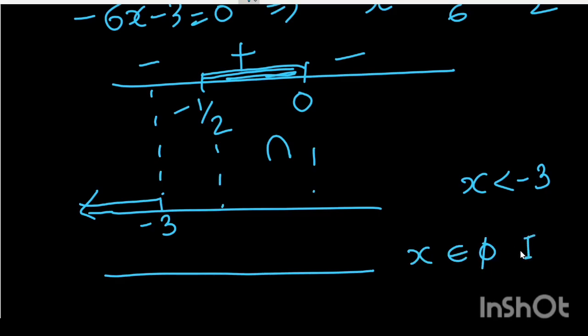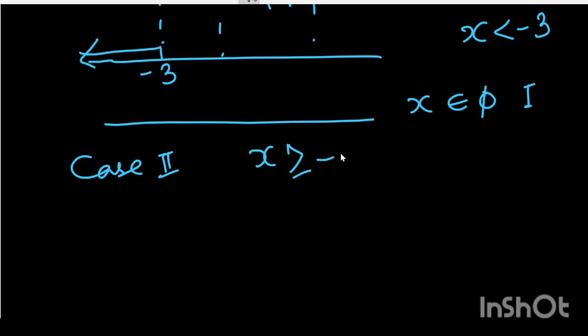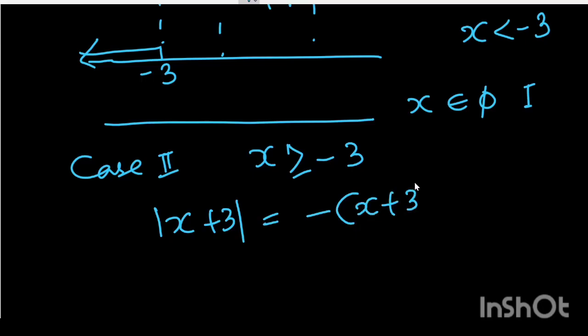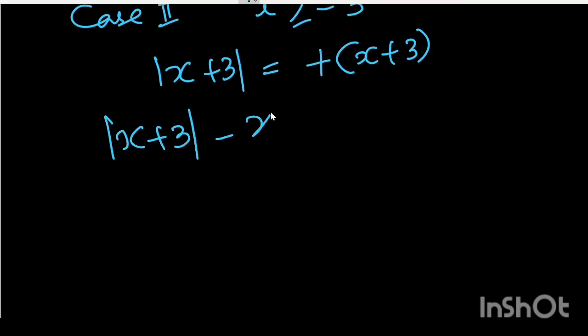Now we will solve case 2 when x is assumed to be greater than or equal to minus 3. In that case, mod x plus 3 is defined as plus x plus 3. So replacing the same, mod x plus 3 minus x by x greater than 4.